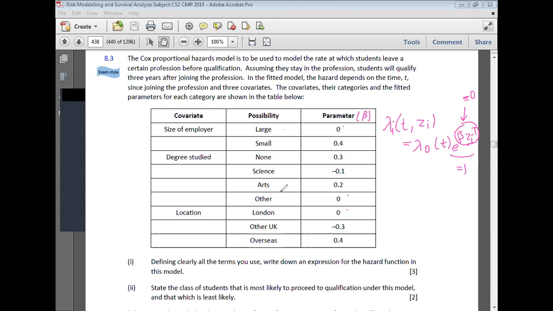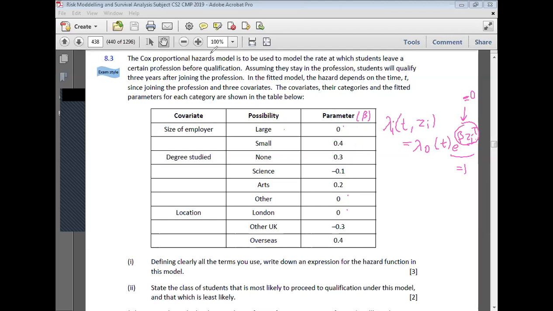You could do it in any other manner as well. It doesn't really matter much. So you could assume large, you could assume small, and you could assume science, and you could assume overseas as your base. But just because the parameters are 0, this is convenient for us. And that is the reason we actually do this.